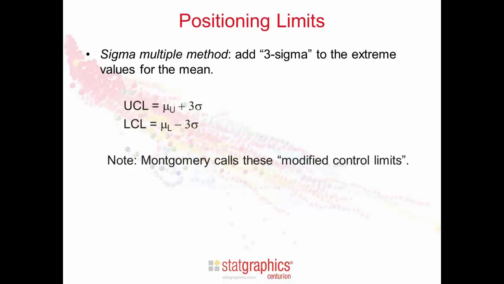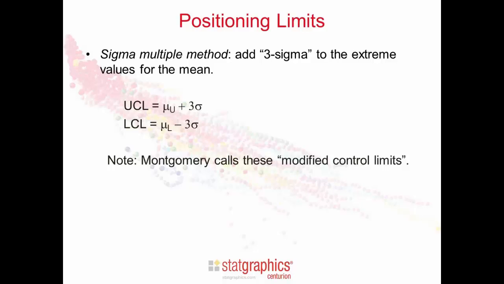Now, there are two ways that Statgraphics allows you to do this. The first method is to use the sigma multiple method. When we use the sigma multiple method, we construct our control limits by taking the upper allowable mu and adding 3 sigma, and taking the lower allowable mu and subtracting 3 sigma.